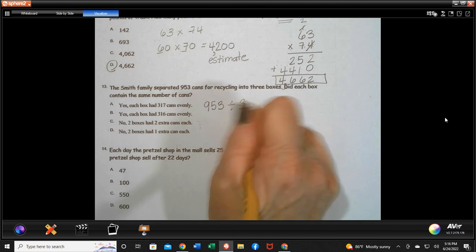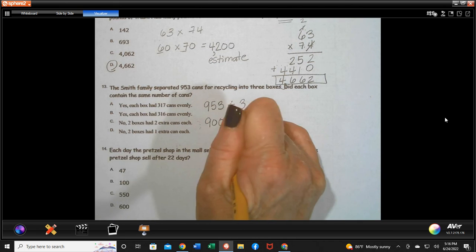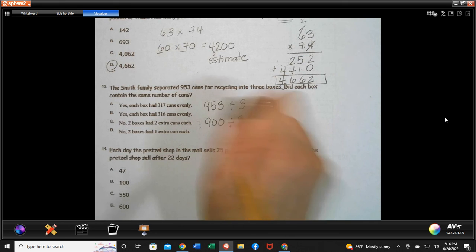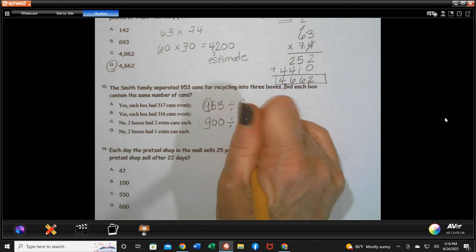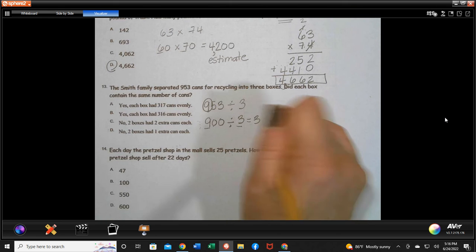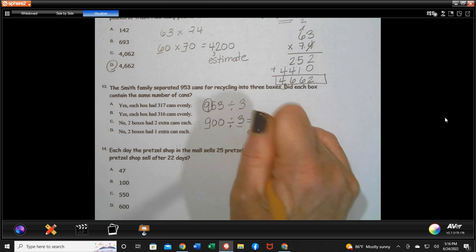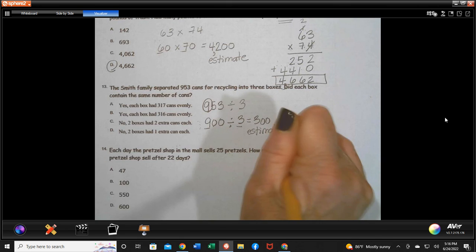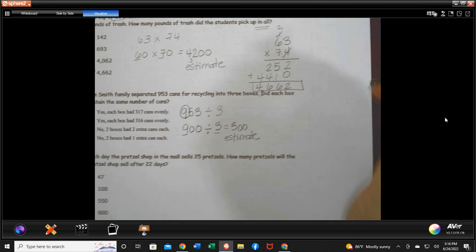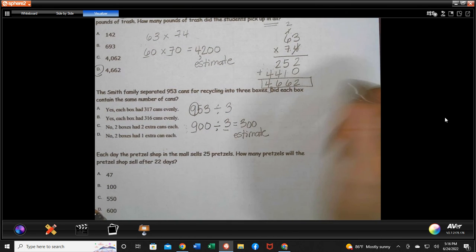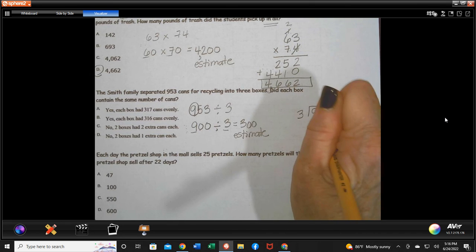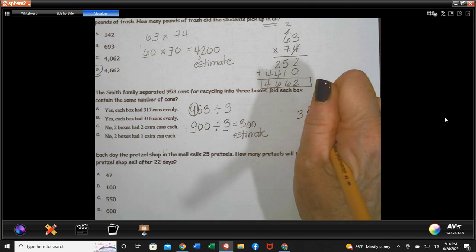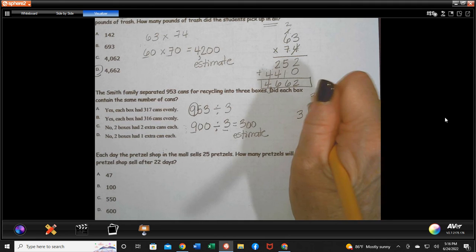So guys, I'm going to use 900 as my estimate. So here it is. 9 divided by 3 is 3, and next those 2 zeros. So I get an estimate of 300. It can help me see if my quotient is reasonable, and it helps me place that first digit in my quotient. So I know that 3 will divide into 9 3 times.